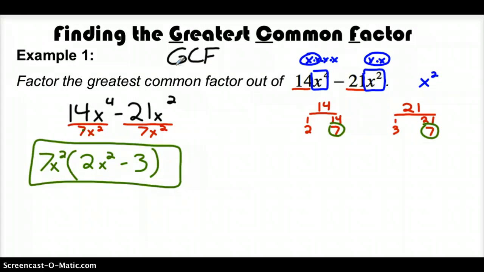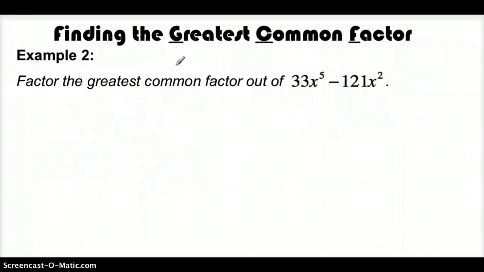Our next example says factor the greatest common factor out of 33x to the fifth minus 121x squared. Again, we're going to take a look at the coefficients first. I'll look at the factors of 33 and then the factors of 121. Well, 33, obviously 1 times 33 is a common one.